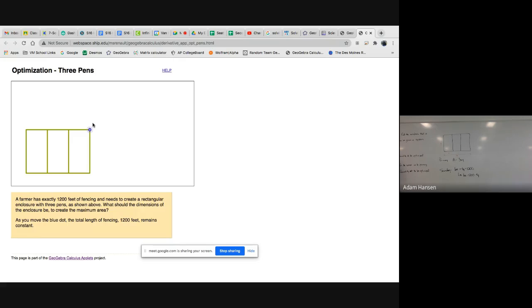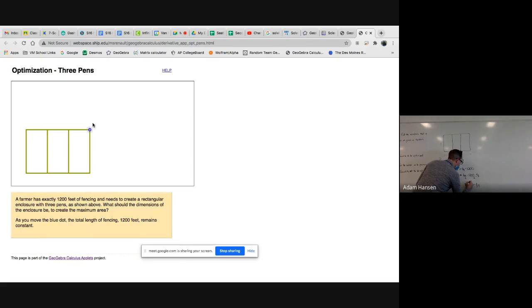Divide by 6. So x equals 1,200 divided by 6 is 200, and 4 divided by 6 would be 2/3. Now that I know that x equals 200 minus 2/3 y, what do I do with that?